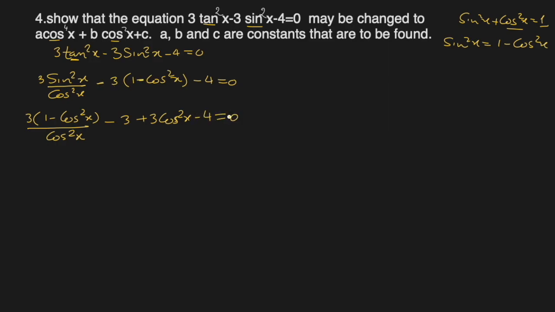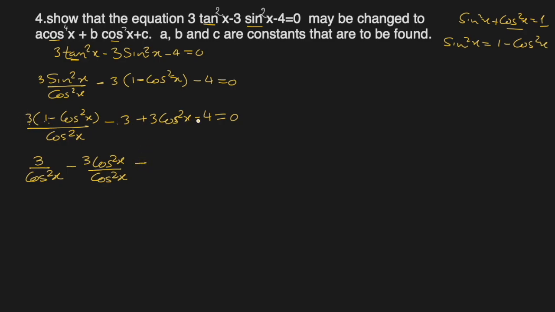still equal to 0. Now if I open this bracket, 3 times 1 will be 3 over cos squared x. I'm separating the numerators. 3 multiplied by cos squared will be minus 3 cos squared x, and the denominator will remain denominator. So I separated the two terms after multiplying by 3.